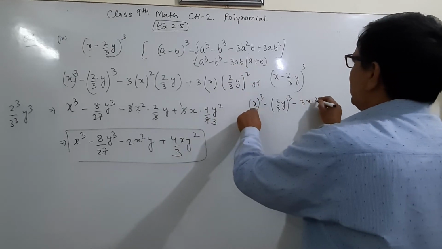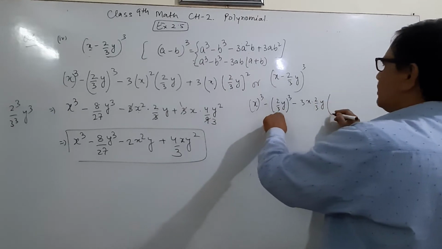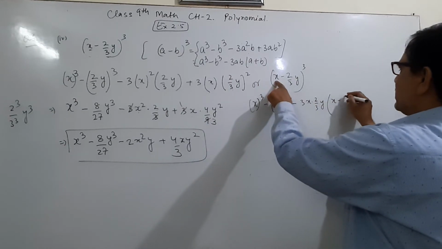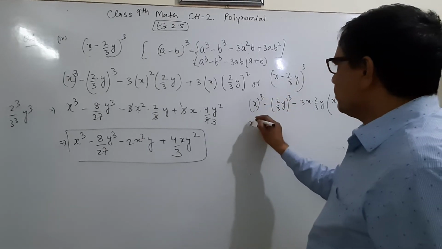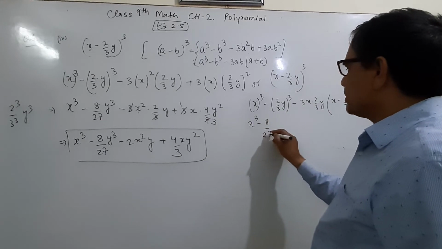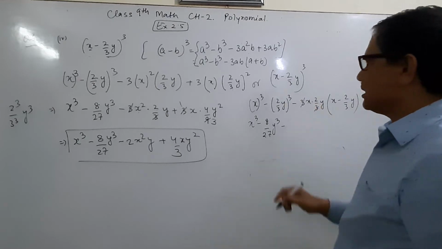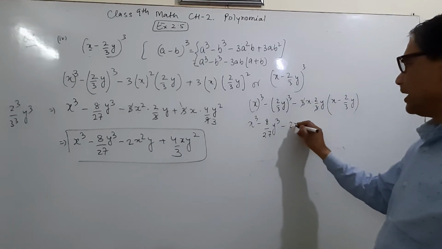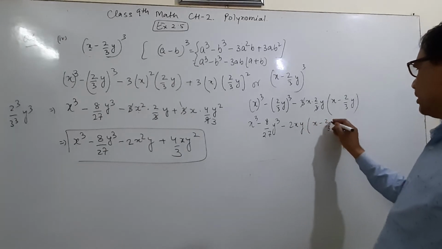X. What is b? 2 upon 3y. And this is bracket, what is a minus b? X minus 2 upon 3y, same. It is x cube, 2 cube is equal to 8, 3 cube is equal to 27, y cube. Minus 3 will cut. What is left? 2x y bracket x minus 2 upon 3y.